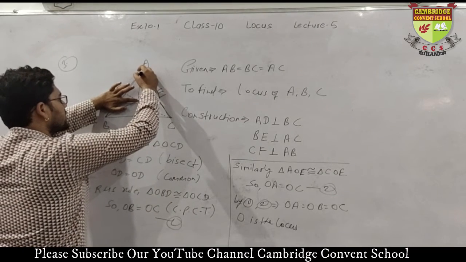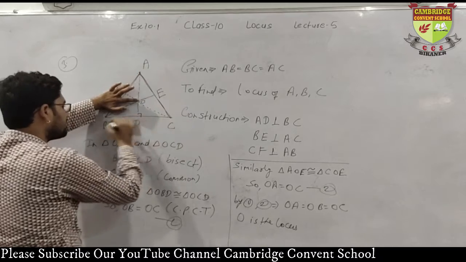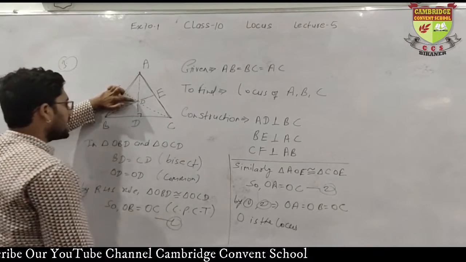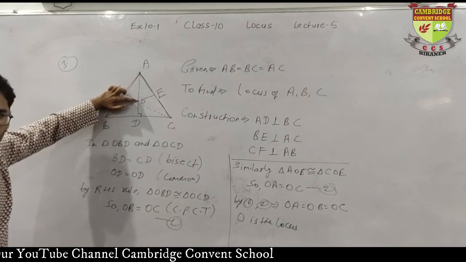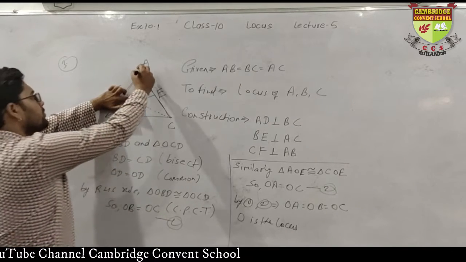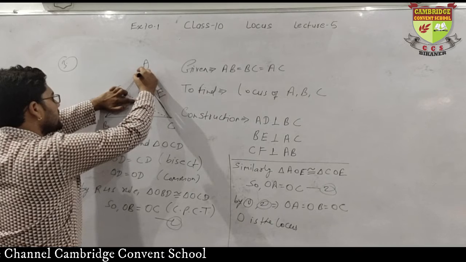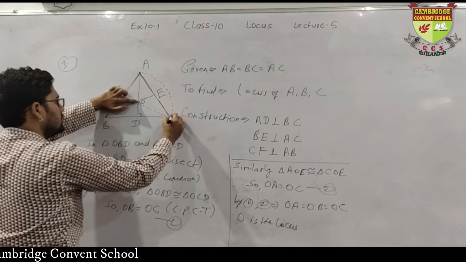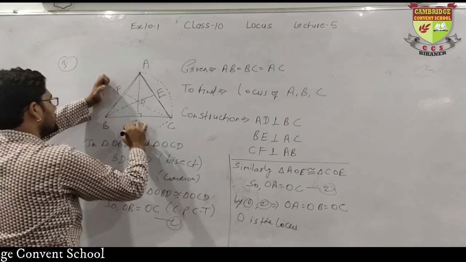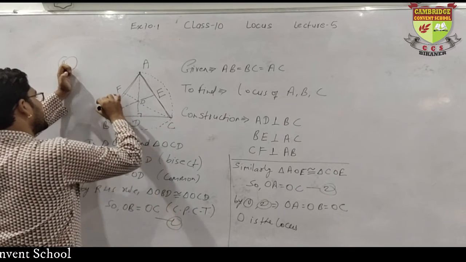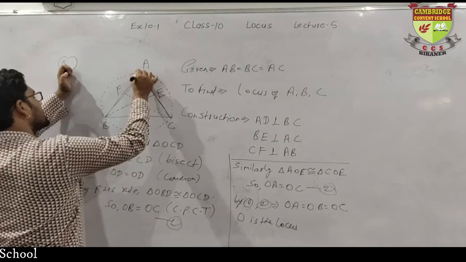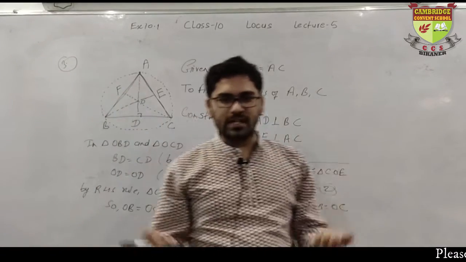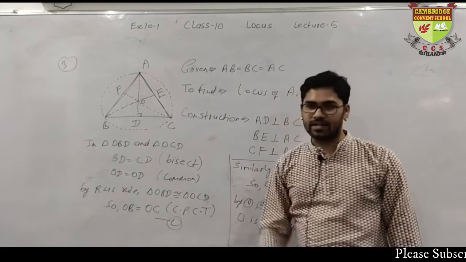Put the pencil somewhere at A or at B, C, any particular point. Suppose I have put the sharp point of the compass on O and the pencil on A. Now round it. This is the way you will get a circle. This circle will be formed on the outer side of the triangle.